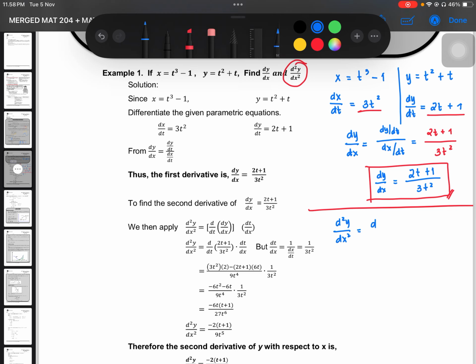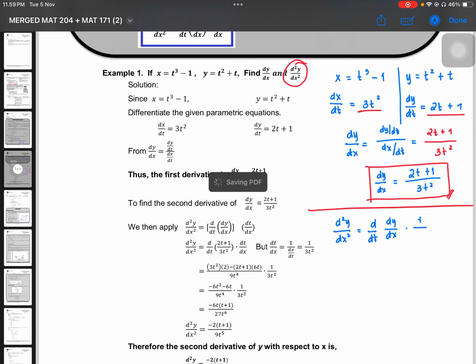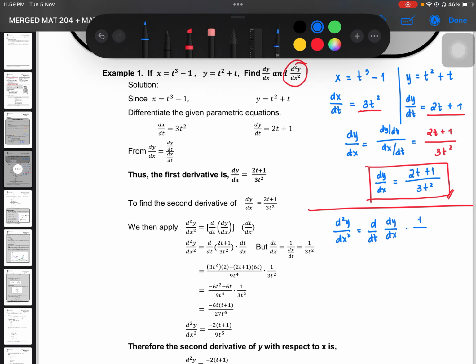We get the derivative of dy over dx with respect to t. Then, you multiply this to the reciprocal of dx over dt, which will be dt over dx.